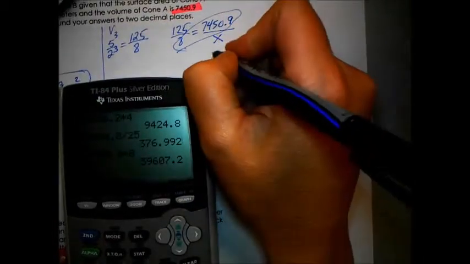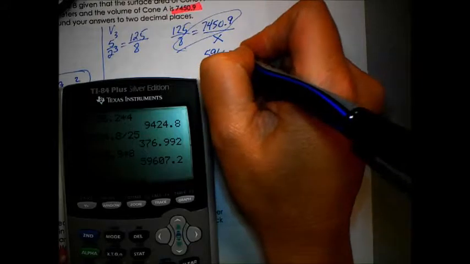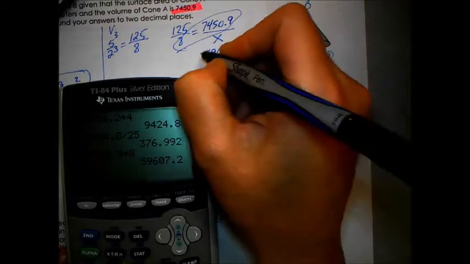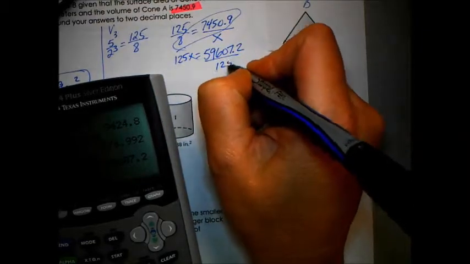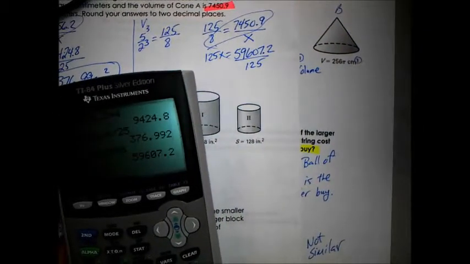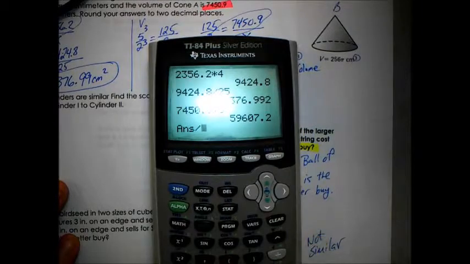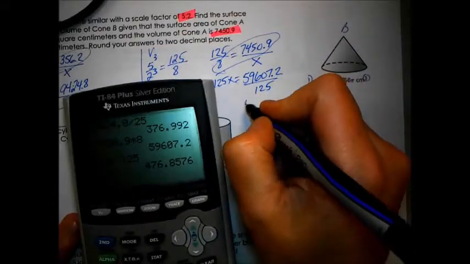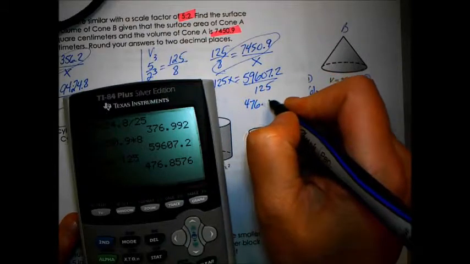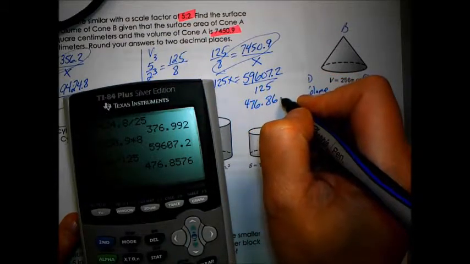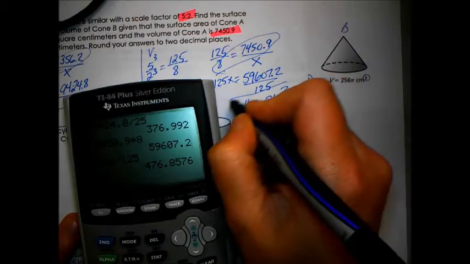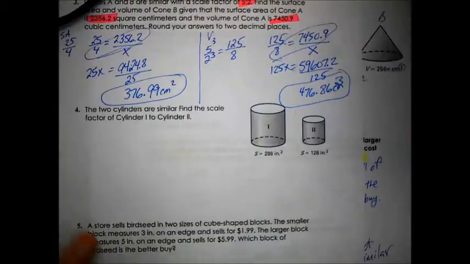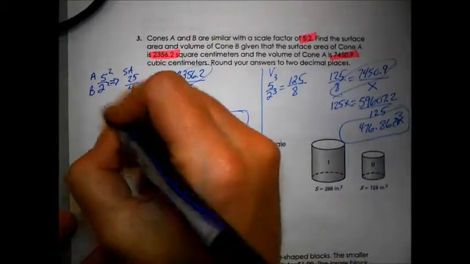Gives me 59,607.2 is equal to 125x, so now divide by 125. Gives me 476.86 centimeters cubed will be the volume. Okay, if you got both of those correct, give yourself another check mark.